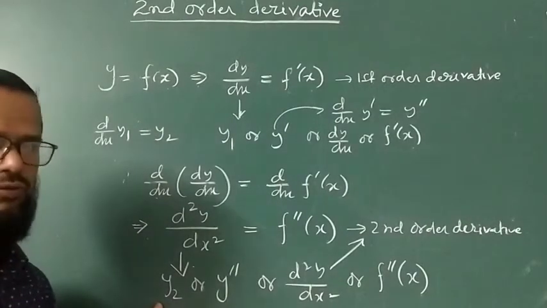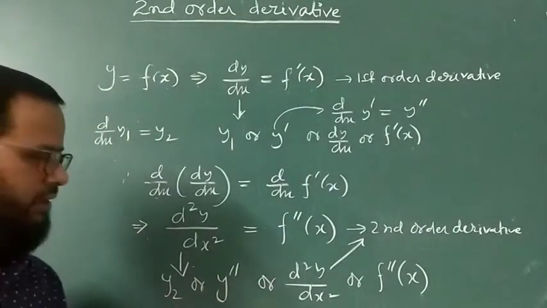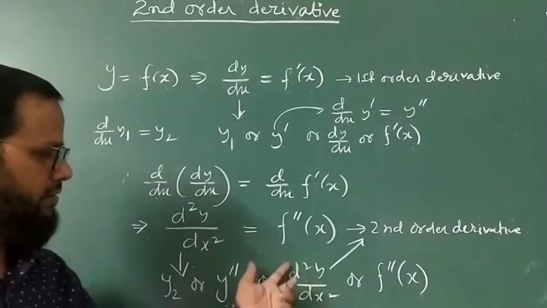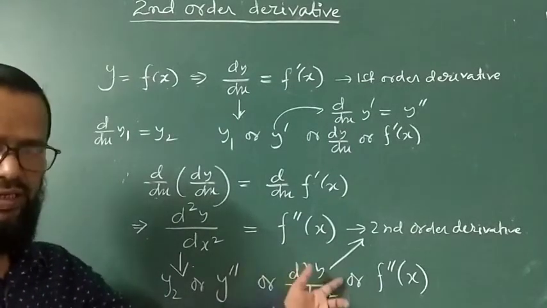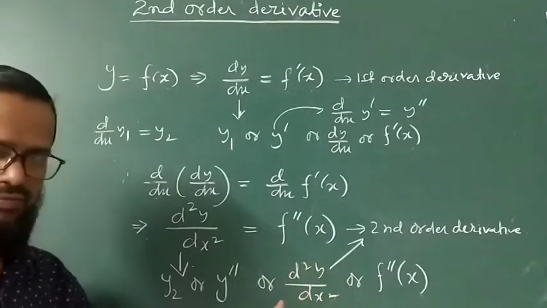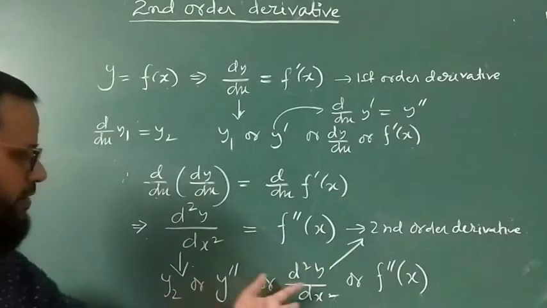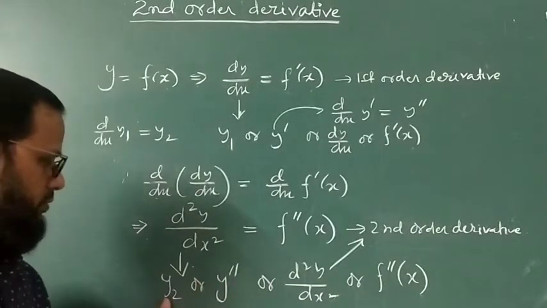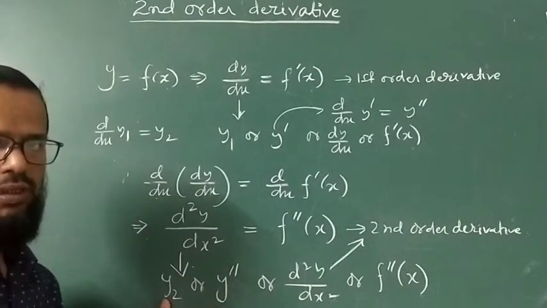Sometimes in solving questions we will use y2 or y double dash rather than d2y upon dx2, because that expression is a little complicated and consumes time. So we save our time in solving the question.